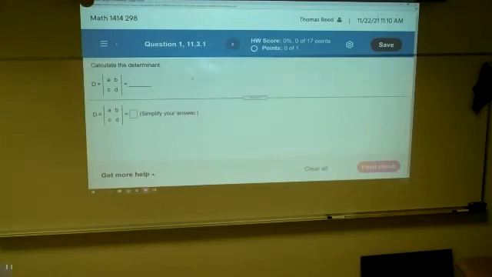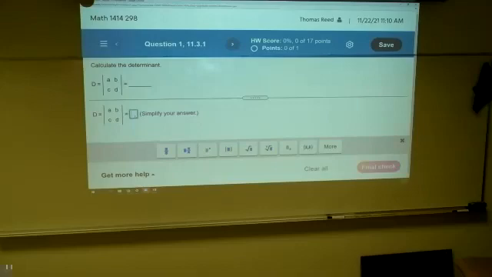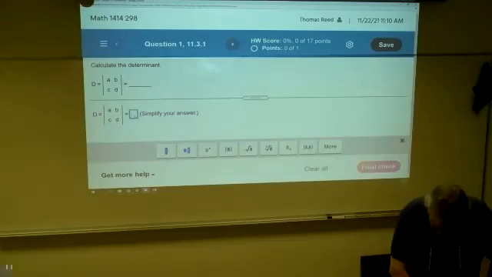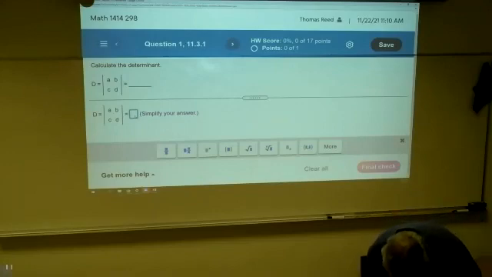Calculate the determinant. Well, that's just typing in the formula, right? The determinant here is the difference of the products of the two diagonals.